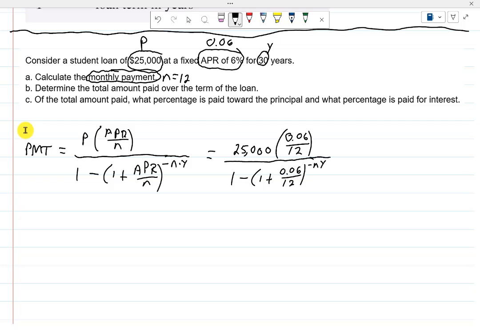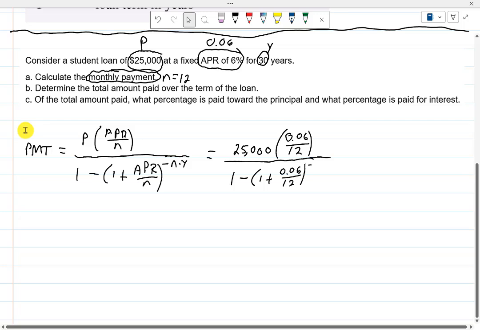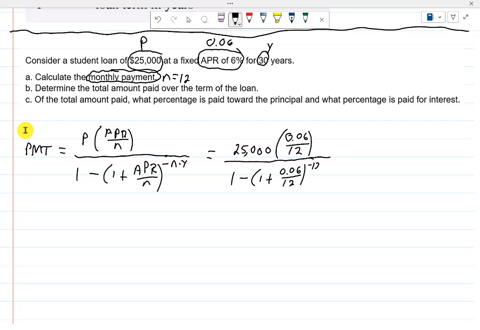So that's all in the denominator. I should have put my numbers in. N is 12 and Y is 30. Now the first thing that I would do, since this is going to be a complicated thing to put into calculator, is I'm going to put 360 for that 12 times 30. Here's how I'm going to put it in.